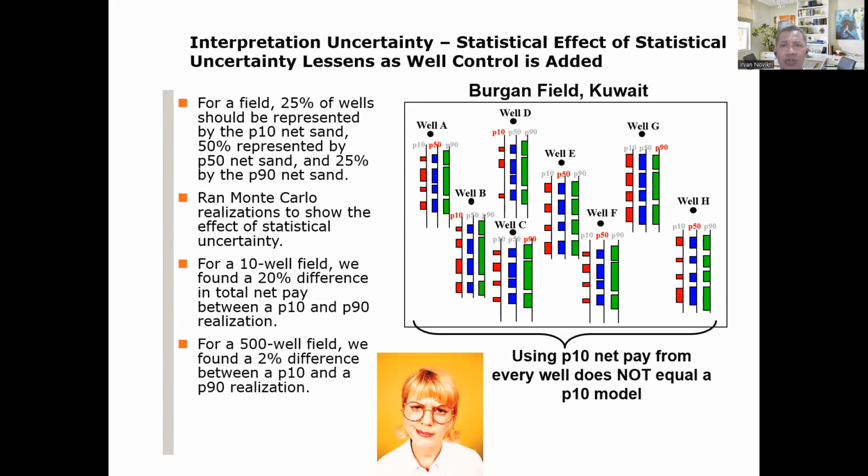Then Monte Carlo simulation was introduced to analyze the effect of statistical uncertainty, revealing that the difference in total net pay between P10 and P90 realizations varied 20% for the 10 well field, and 2% for maybe more than 500 wells in the field.